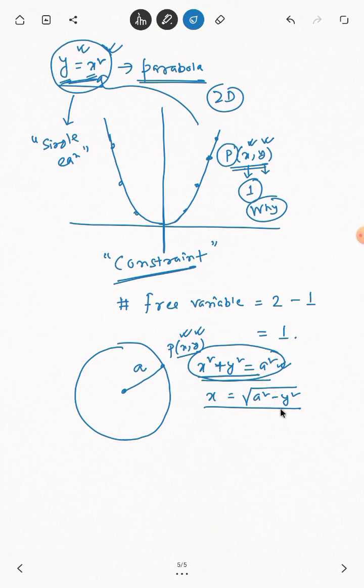So whenever we have information about y, we get the information about x, because those 2 variables are interrelated by this particular constraint. So one constraint is there. So finally degree of freedom will be 2 minus 1 equal to 1. So though the point has 2 coordinates, its degree of freedom is not 2, it is rather 1.